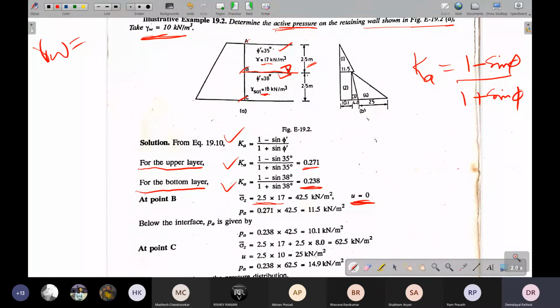Then this should be multiplied with the Ka of the upper layer. Getting? You will get 11.5. Now, you just draw this pressure diagram. 11.5, so draw this 11.5.